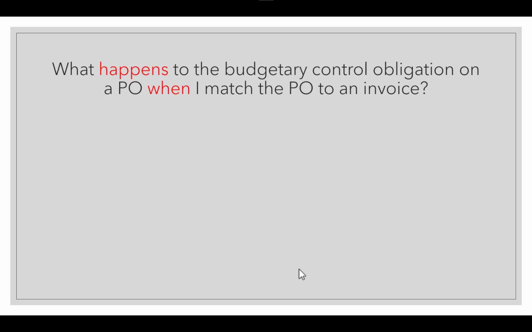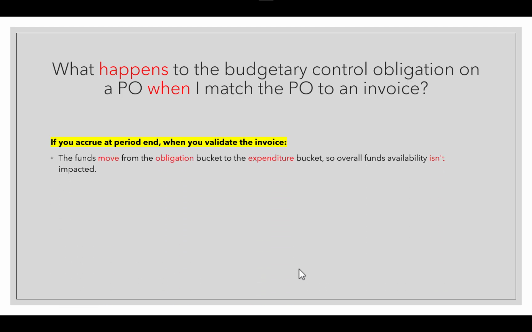What happens to the budgetary control obligation, a PO, when I match the PO to an invoice? If you accrue at period end, when you validate the invoice, the funds move from the obligation bucket to the expenditure bucket, so overall fund availability isn't impacted.